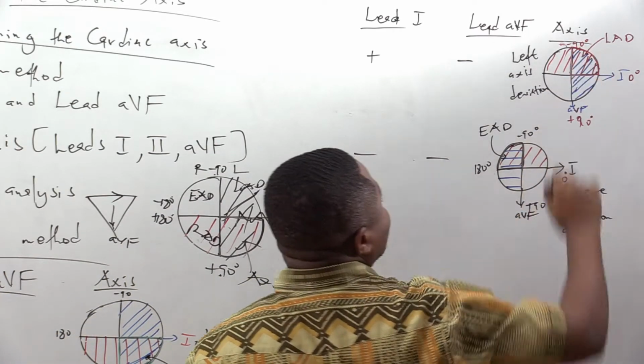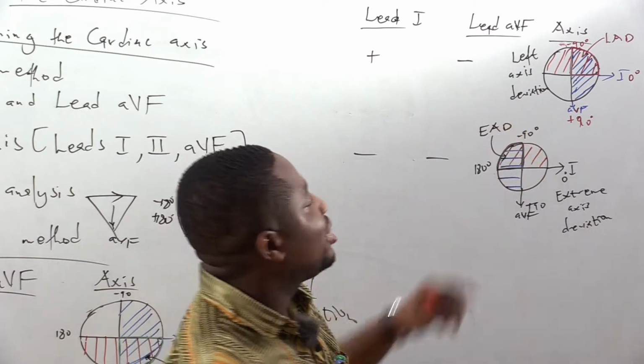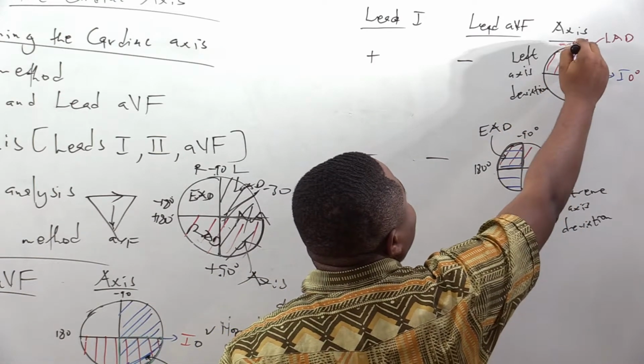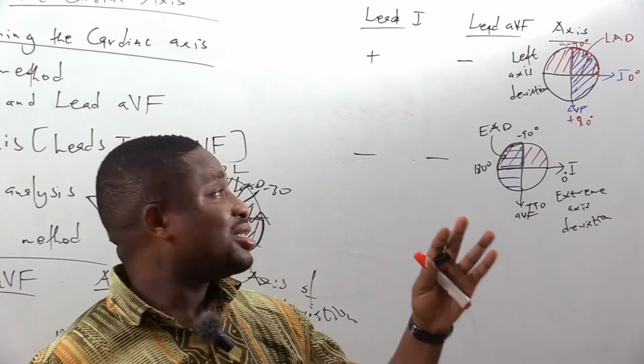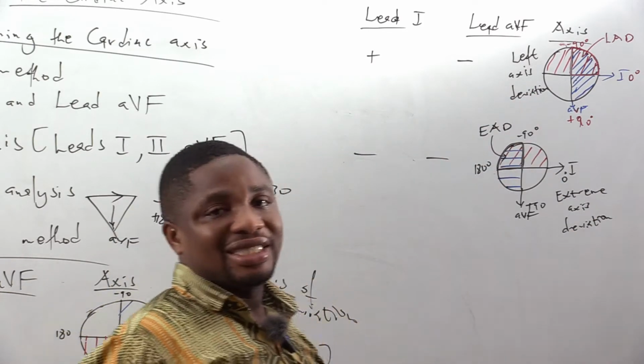And if we shade the top, look at it very carefully. Where do they bisect the shading? They bisect in the quadrant between 0 degrees and minus 90 degrees.